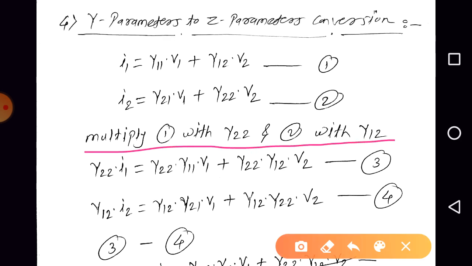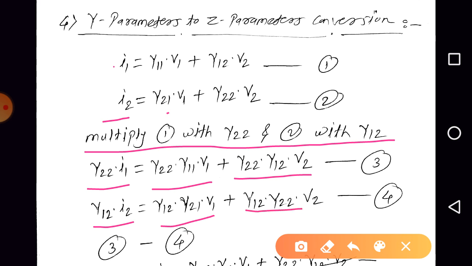If we multiply, we will be getting, equation 1 with Y22: Y22 into I1 is equal to Y11 Y22 into V1 plus Y22 into Y12 into V2. Similarly, multiply equation 2 with Y12: Y12 into I2 is equal to Y12 into Y21 into V1 plus Y22 into Y12 into V2.